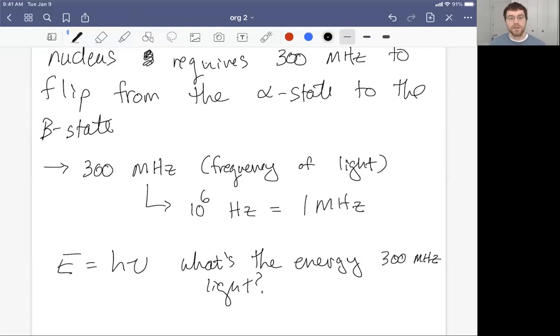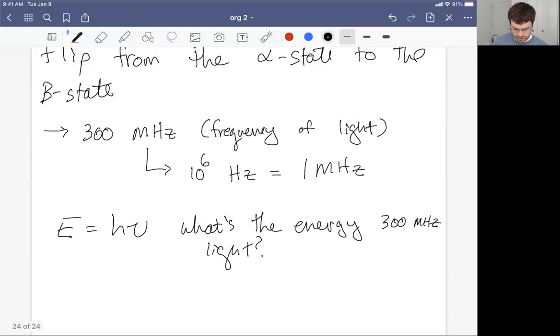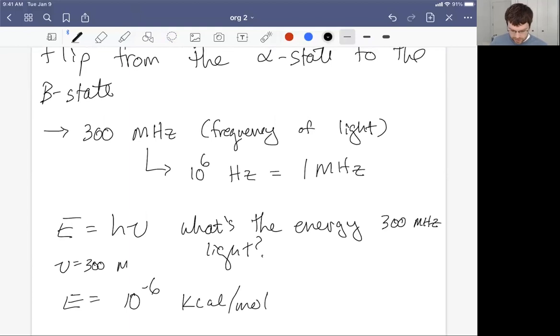If we do the math, we get an energy equivalent to about 10 to the -6 kcal per mole. That is, we plug in Planck's constant, we plug in nu equal to 300 megahertz, and do the typical unit conversion, and we get E equal to 10 to the -6.